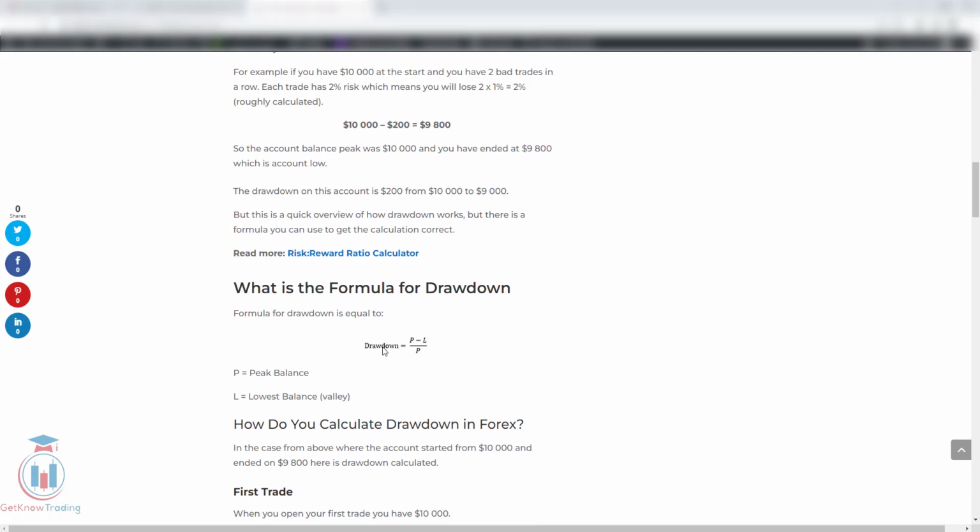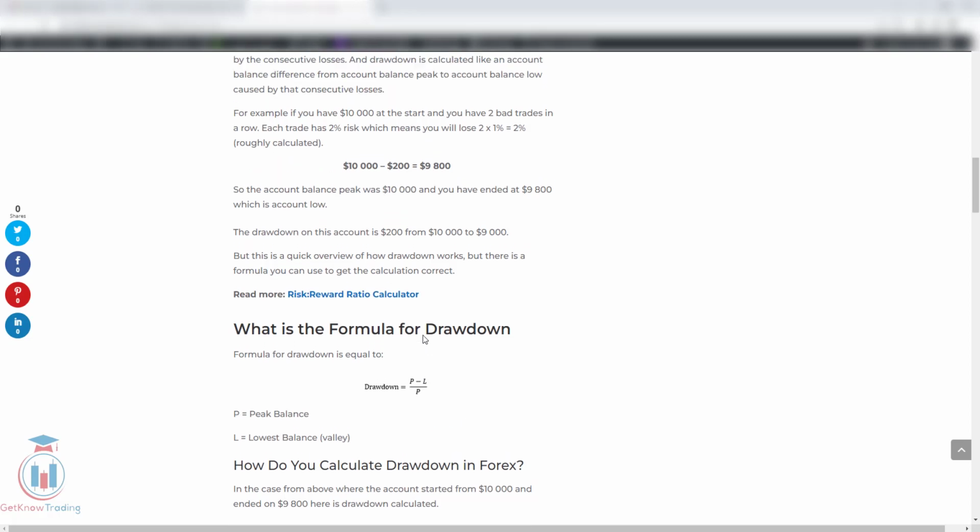It shows that the drawdown is calculated by the peak balance, which is your starting balance, in our case $10,000, minus the lowest balance, and that means after your trade has ended, you need to enter the number here. So if you have 1%, after you deduct 1% from $10,000, that would mean $100, and then you divide like this.